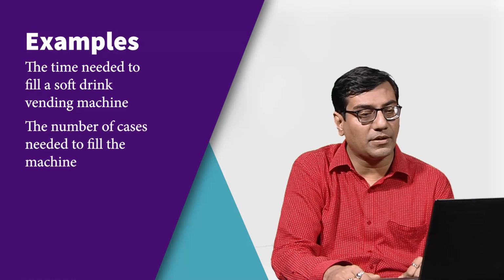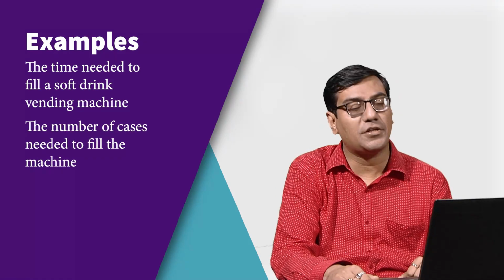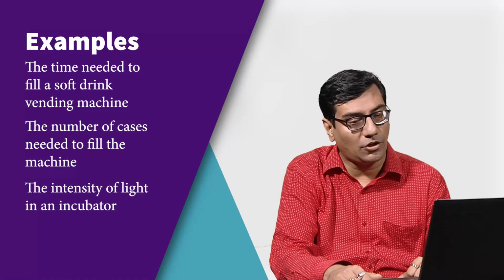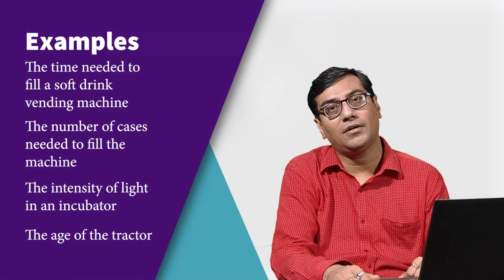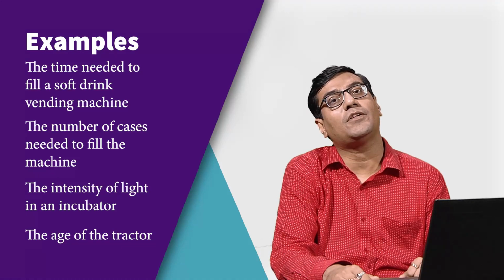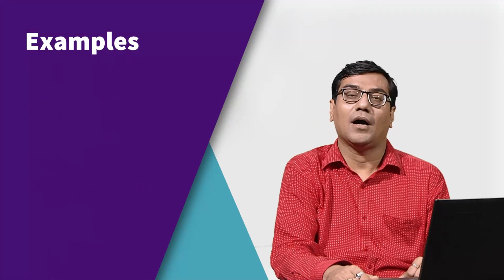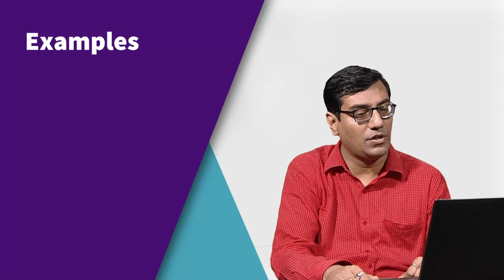Next, examples that come up are the number of cases needed to fill the machine, the intensity of light in an incubator, the age of the tractor. All these are examples from the fields of science and experimental studies, where we can also explain how y and x are related to each other.